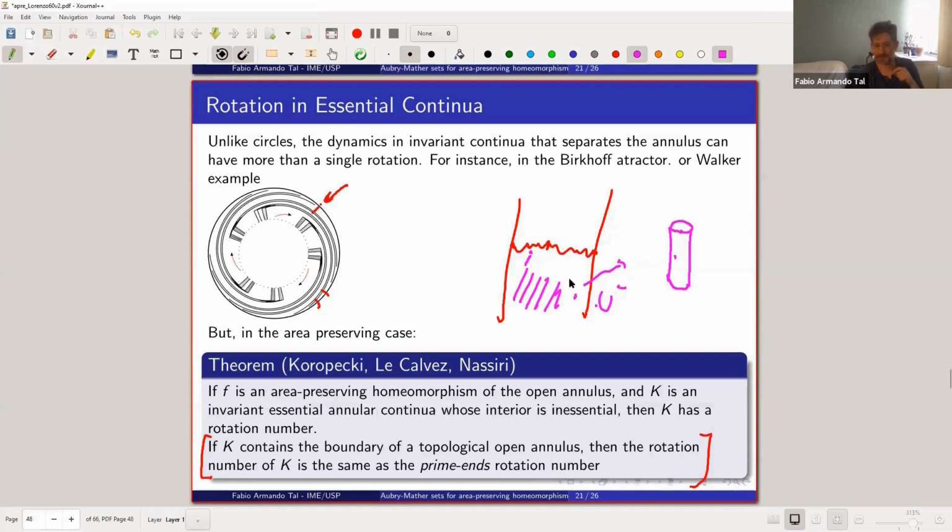And you're going to have a good rotation number of this top boundary, which is the prime end rotation number.